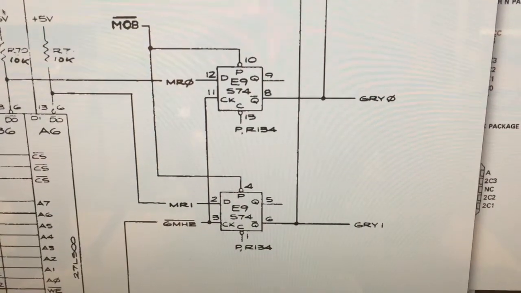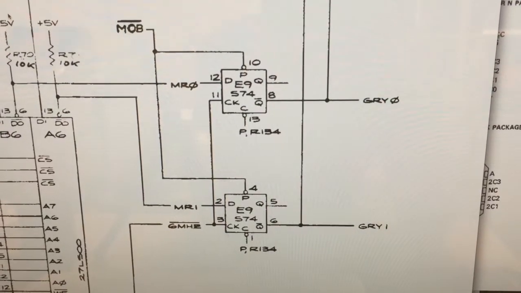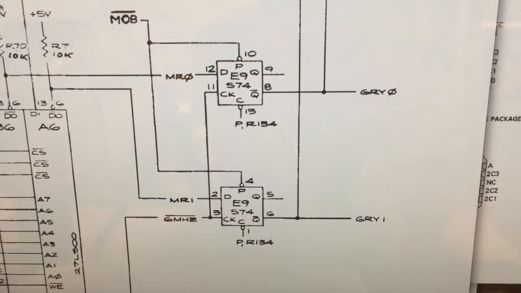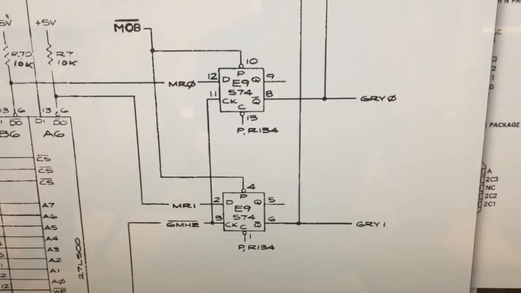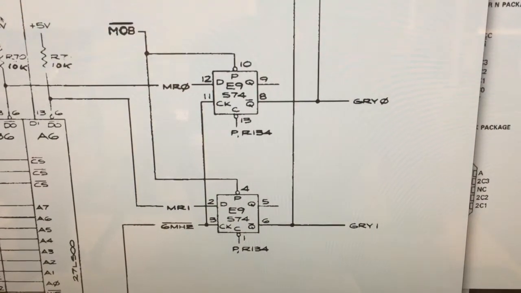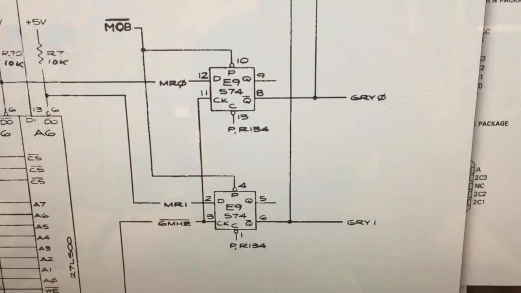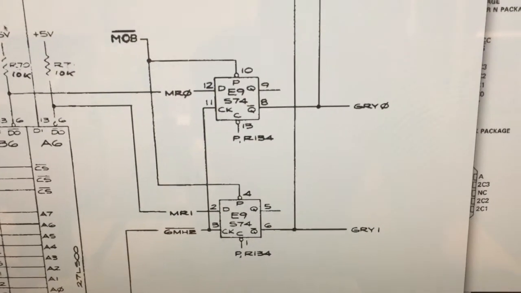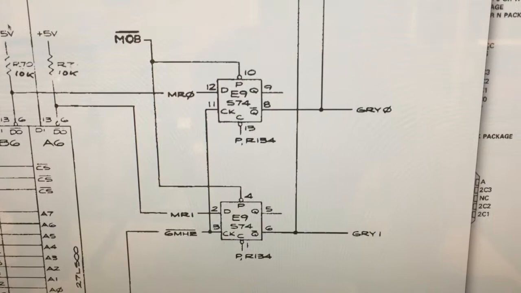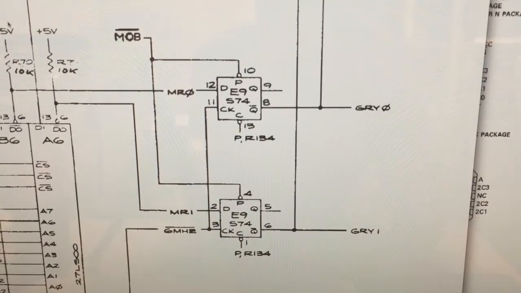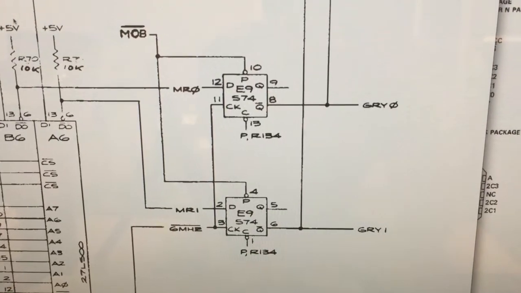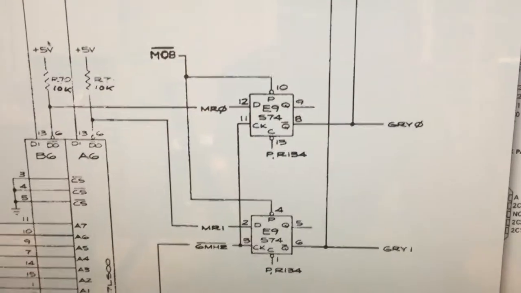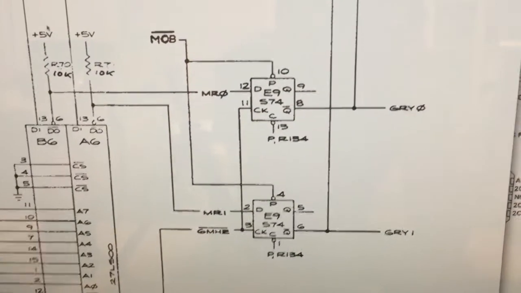So I guess it would be feasible to just replace the IC and see if this fixes the problem. So I'll start looking for a replacement IC, and I will unsolder this chip and put a socket in, and then we'll see if this fixes our issue.